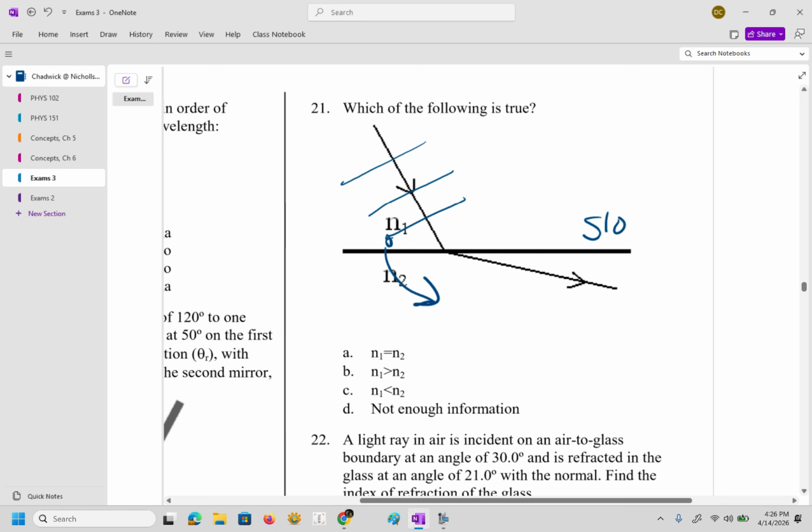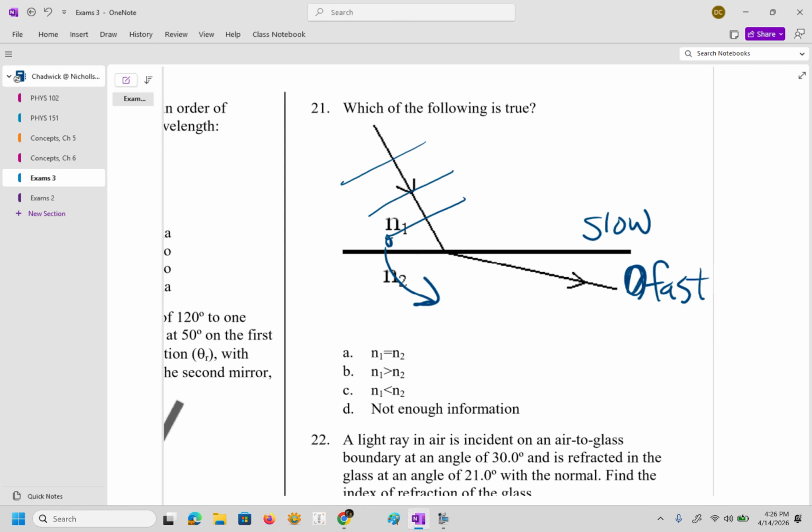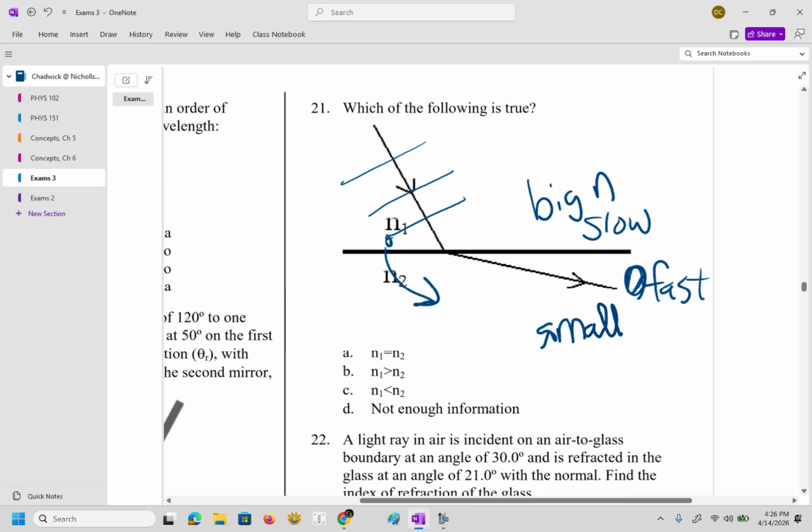So this is my slow medium, and this is my fast medium, because in order to bend away from the normal, it has to move faster here. So that means that this is my big N, and this is my small n. So N2 then is less than N1.